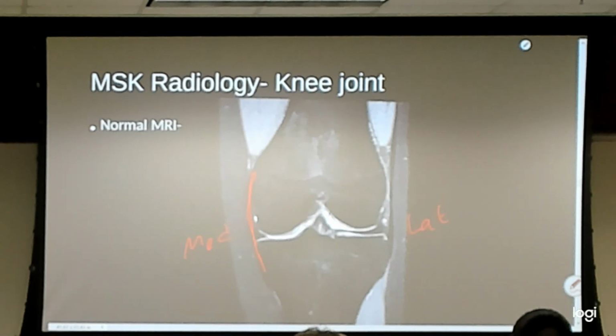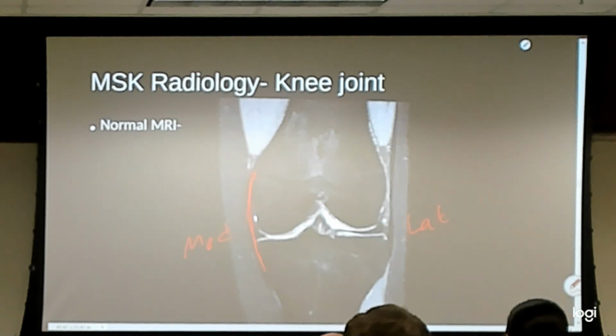This is the nice black structure, so it's bordered by white on both sides. You got the nice subcutaneous signal, and then a nice black band, and then you've got a white and gray signal deep to that. In terms of location of the lateral collateral ligament, that extends from that wrinkly lateral side.